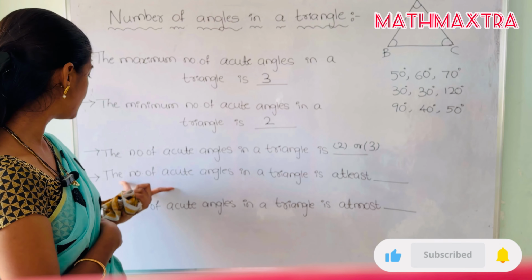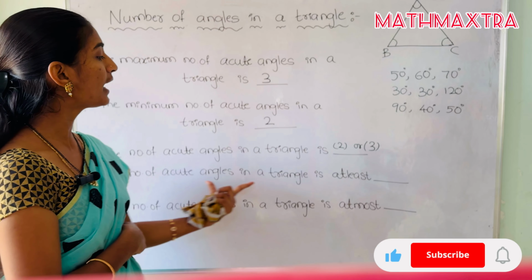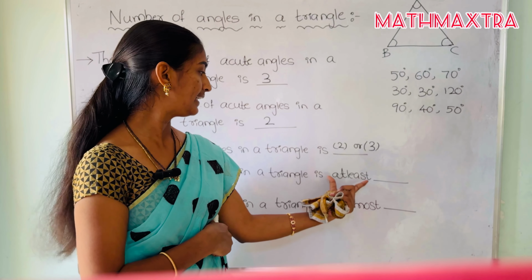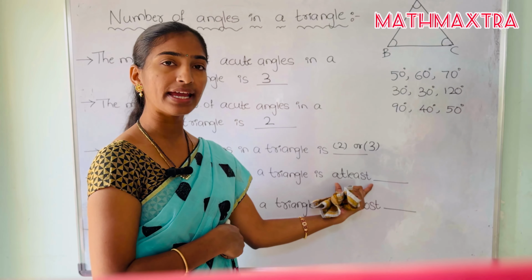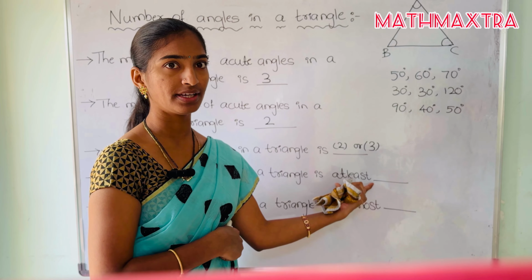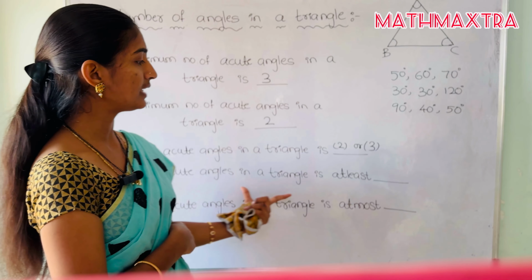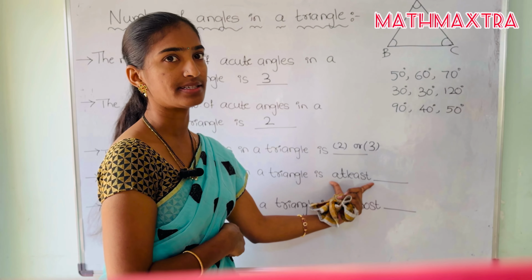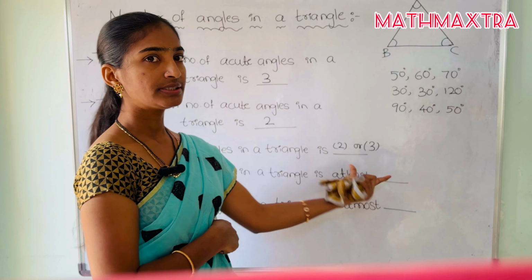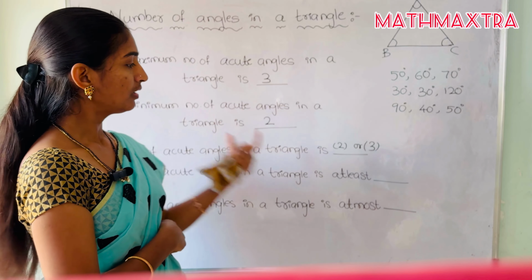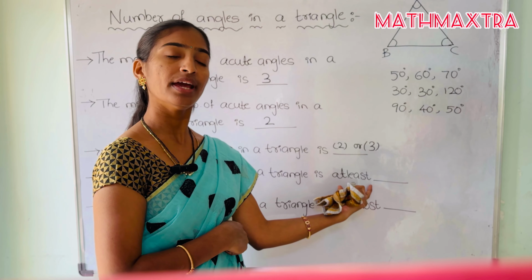The next one is the number of acute angles in a triangle is at least. See, the word at least is mentioned in this point. At least means minimum. Sometimes he may not mention the word minimum, he may mention the word at least.